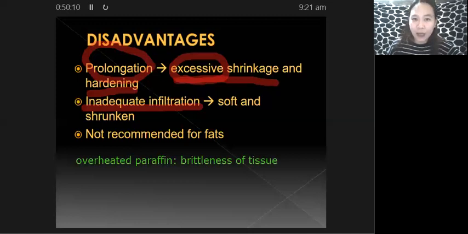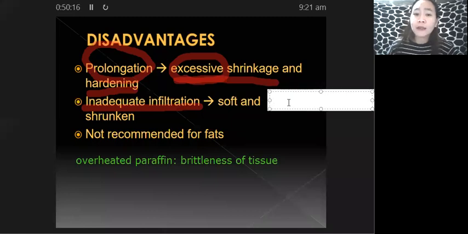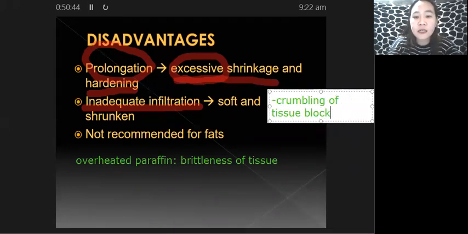And in addition to this, how would you know that infiltration was performed inadequately apart from having soft and shrunken tissues? Inadequate infiltration may also be observed when your tissue blocks undergo crumbling during sectioning.